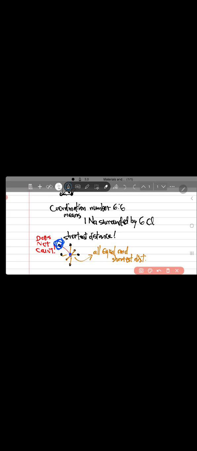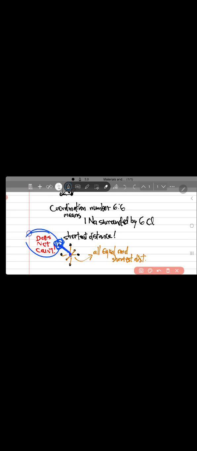So I need to go and do another video, but you can calculate this because crystal structures are predictable. The distances from your sodium atom to your chloride atom should all be equal. All these brown lines should be equal, and they should be shorter than the blue line, right?